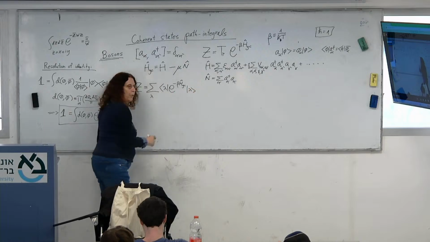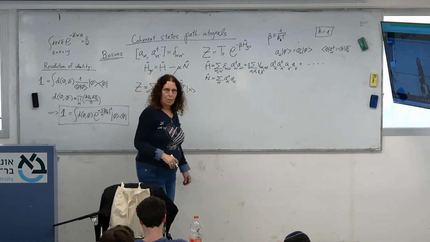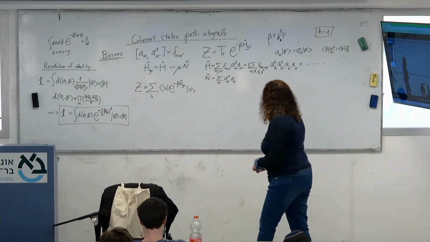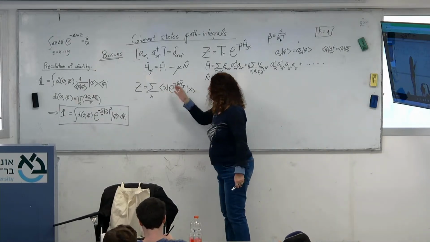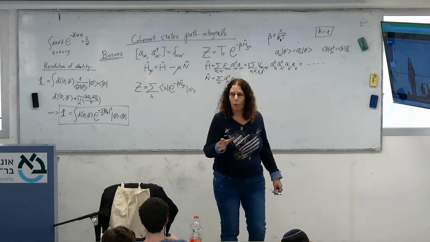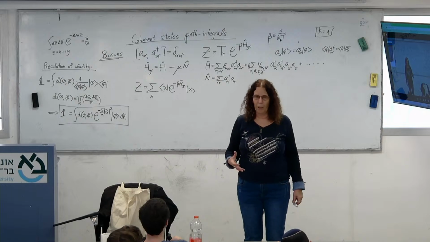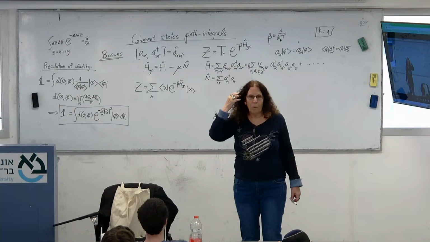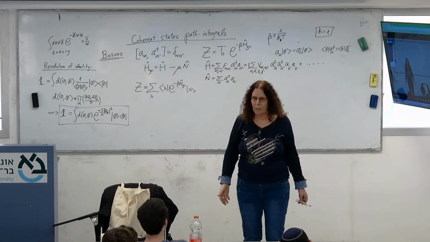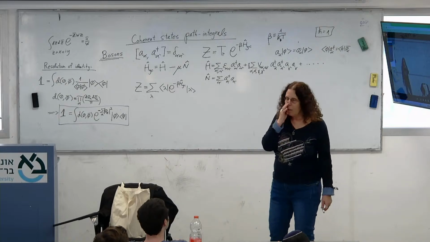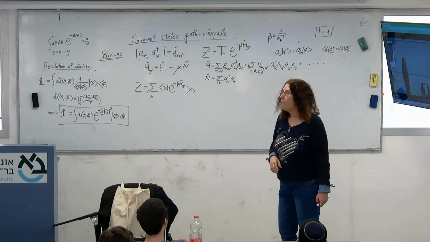That's the definition of a trace. It's a sum over all the diagonal elements in some orthonormal basis. What would be the appropriate orthonormal basis for a many-body system of bosons? It would be, for example, Fock states. That's really a complete basis, an orthonormal basis.